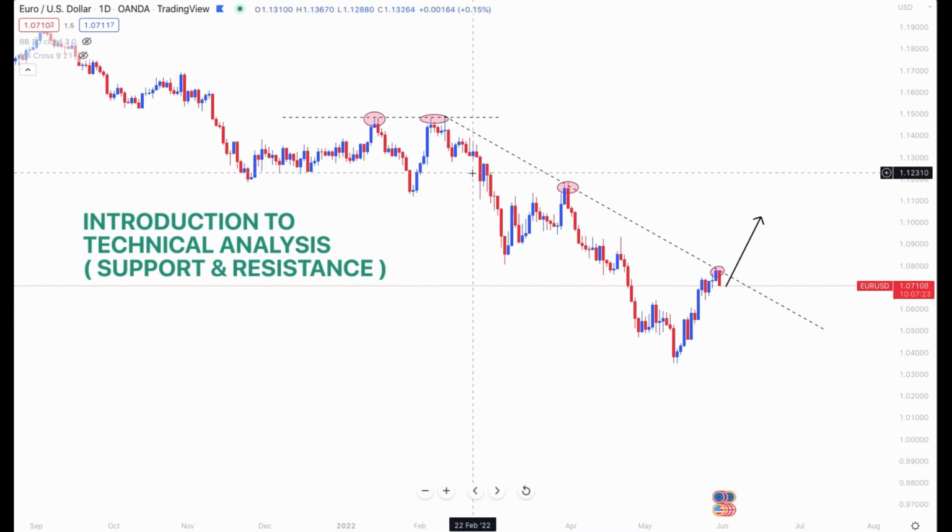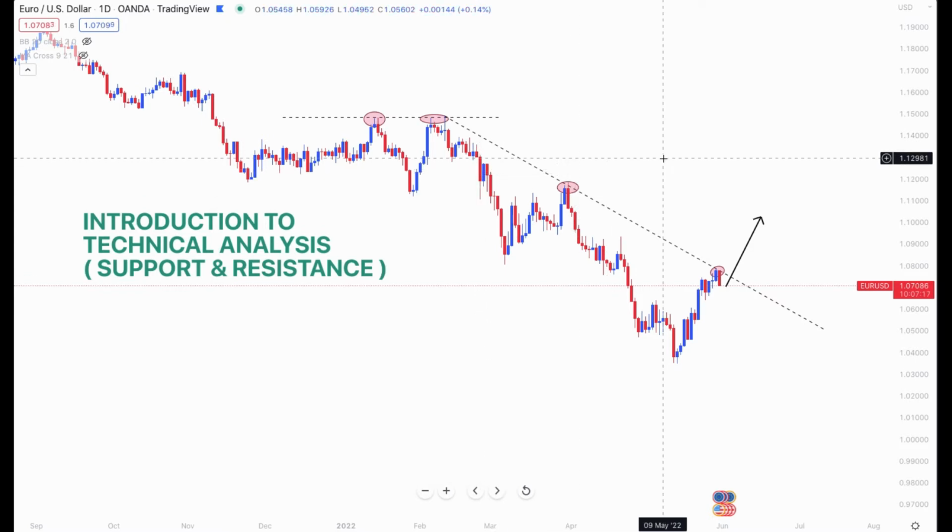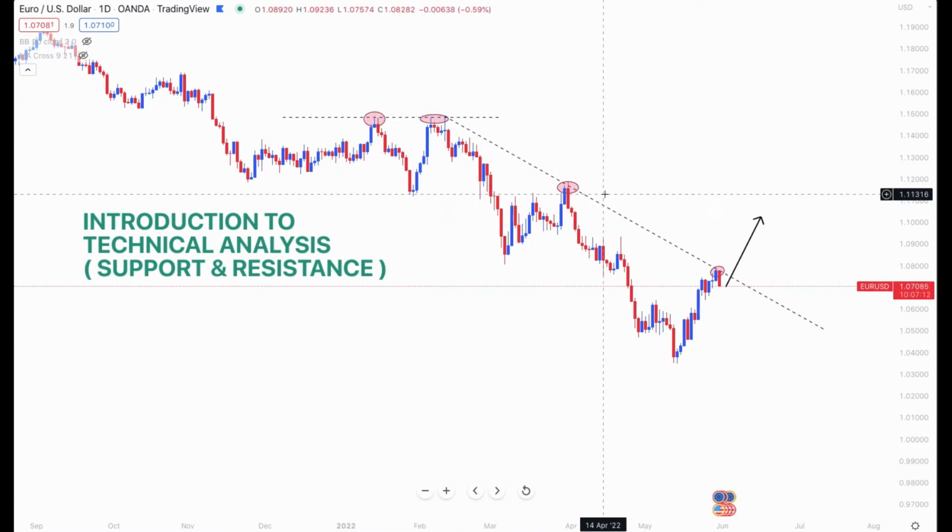So what have traders invented throughout the years to help them figure these things out? Well, there's something called indicators. And support and resistance can be considered one of the most introductory but so important tools in our indicator list.